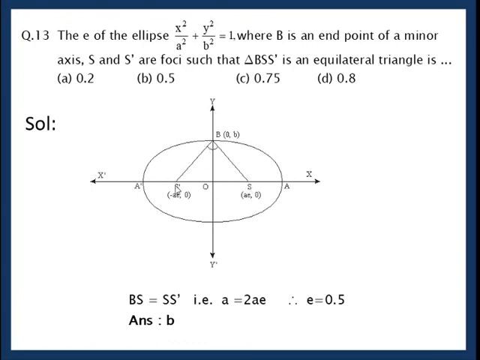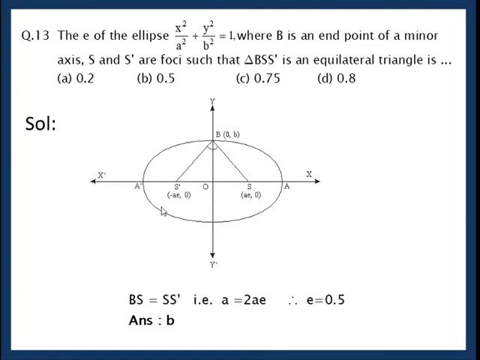So SB plus S dash B, can you tell me what is the sum? The sum of the focal distances of any point on the ellipse is always constant and is equal to the length of the major axis, that is 2a. But note that the triangle is equilateral, so this is the same as this. So can I say BS is nothing but half of 2a, that is a.